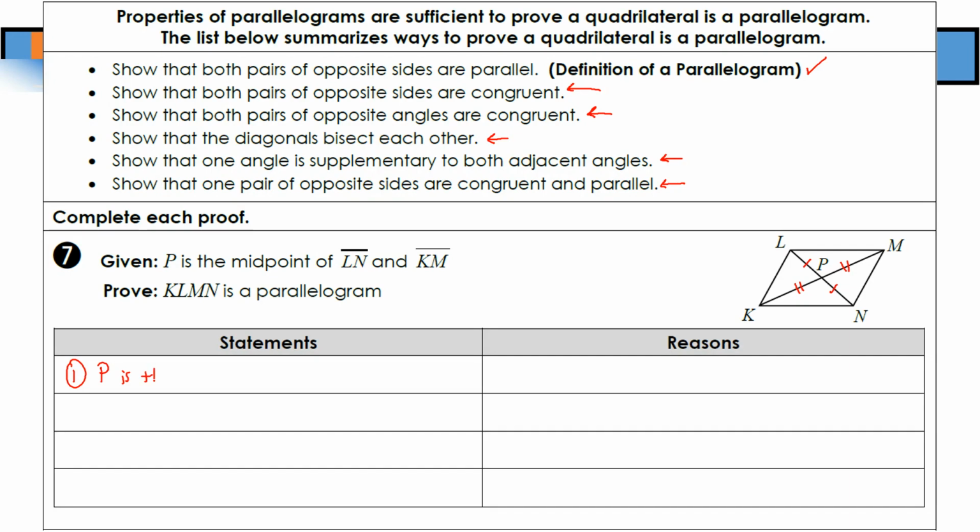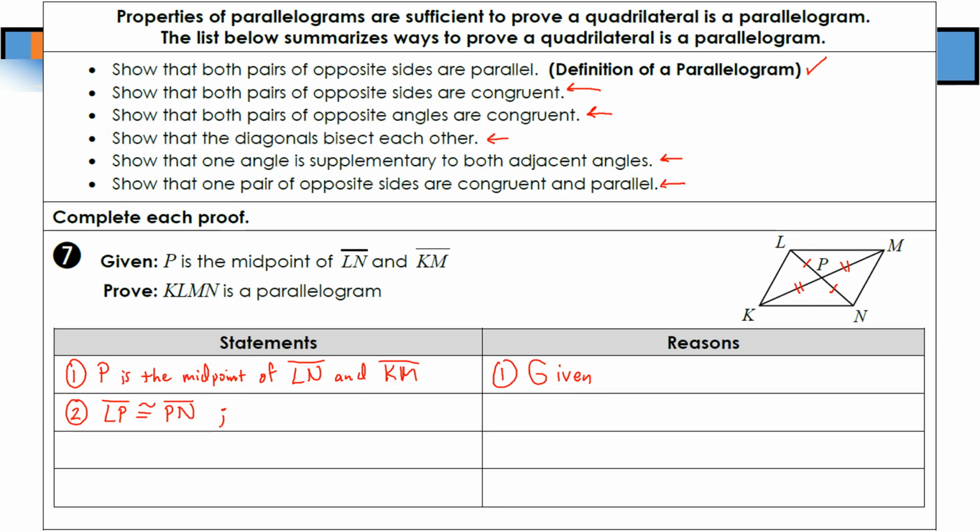P is the midpoint of LN and KM. And we'll mark that it's true because, of course, it's given. Well, just like we marked in the diagram, we have some congruent segments, so let's establish those. We can say that LP is congruent to PN.